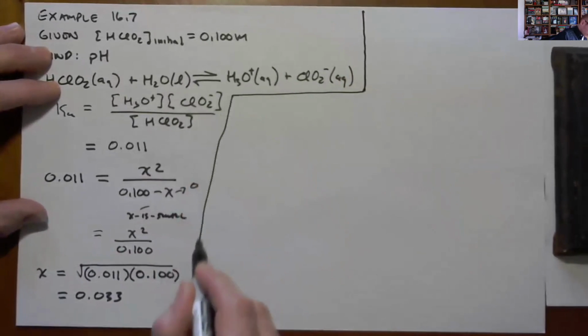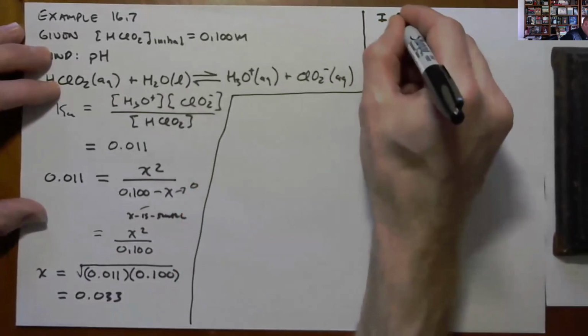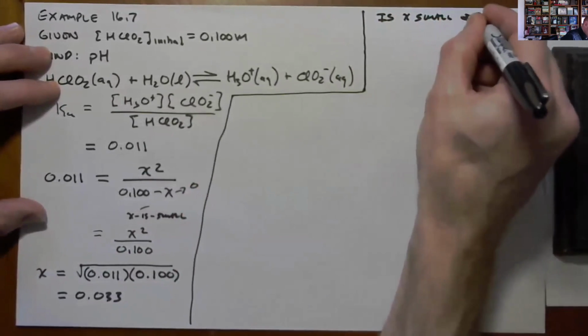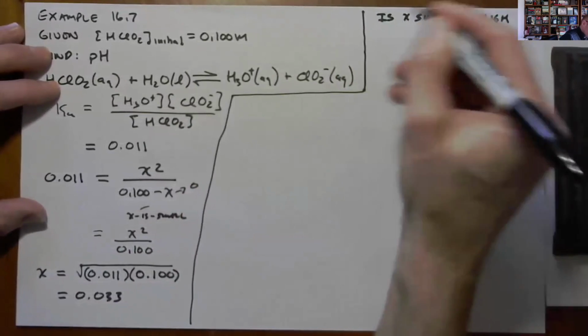Why is that? Well, is X small enough? Well, what is the percent ionization?